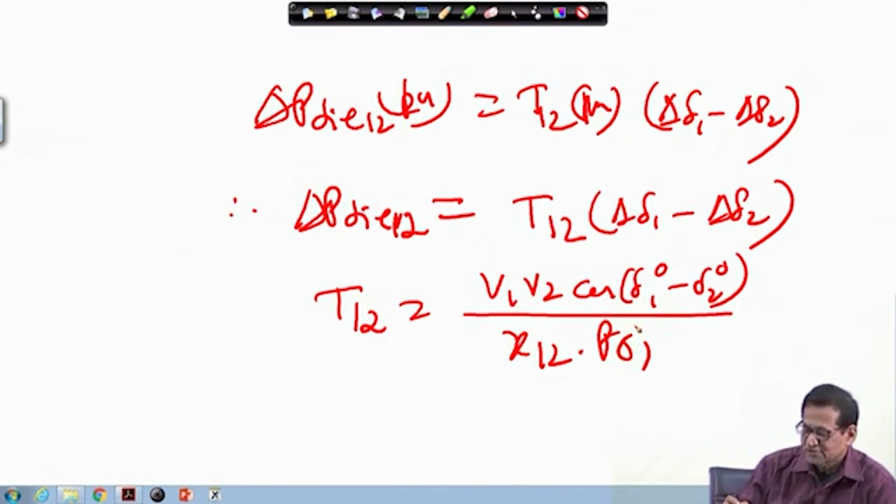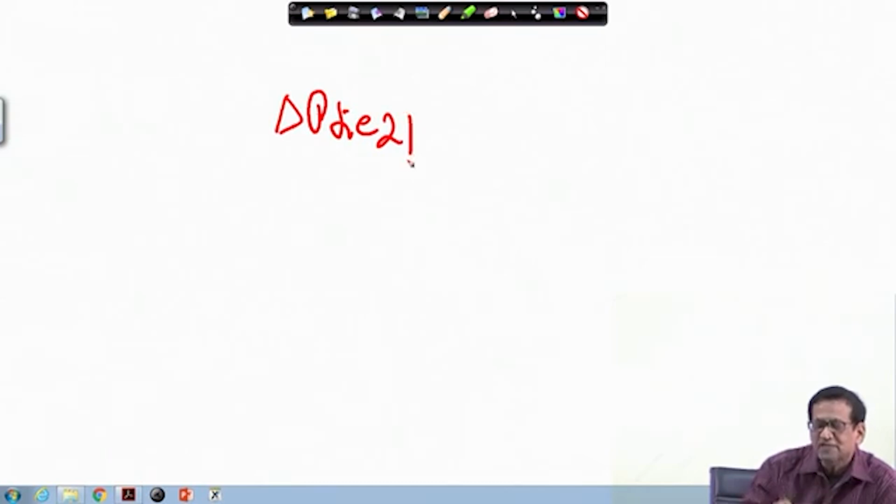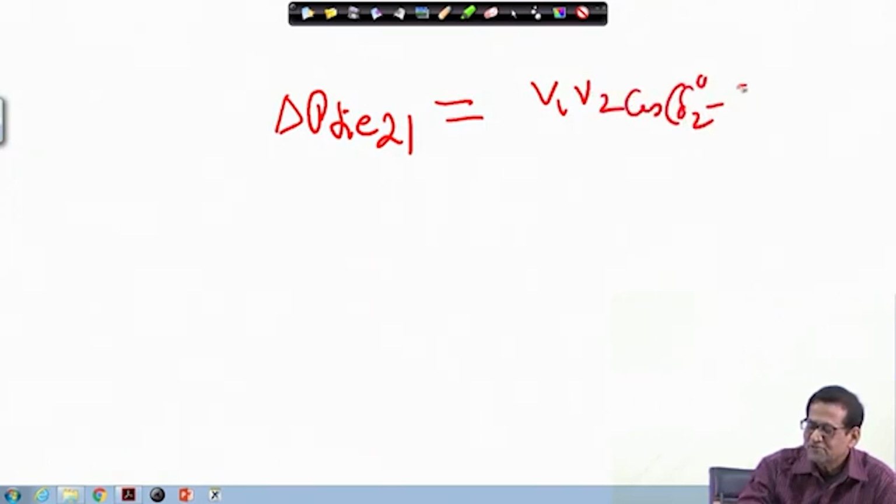Similarly, if you write ΔP_tie for 2 to 1, it will be V1 V2 cos(δ2^0 − δ1^0).